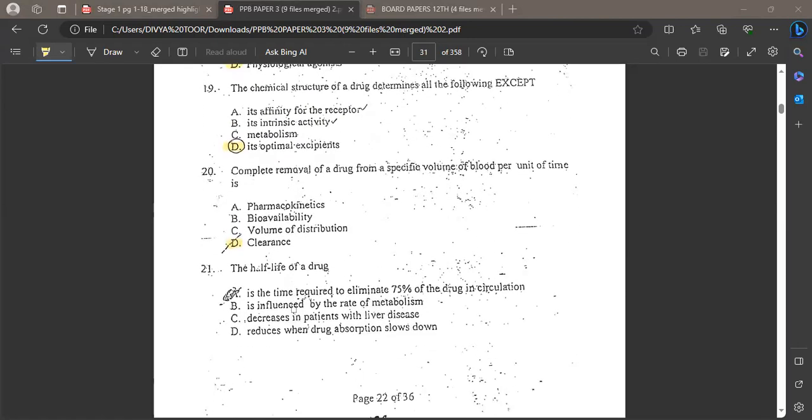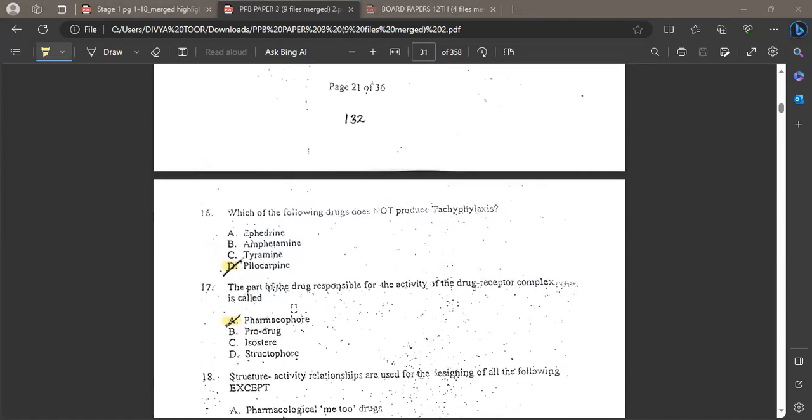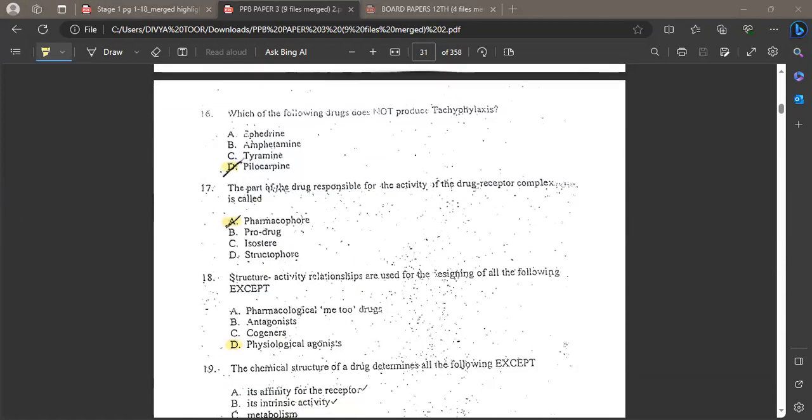The previous question, number 16. It is said that tyramine is less likely to cause tachyphylaxis, although to some degree, with chronic use, it causes tachyphylaxis.